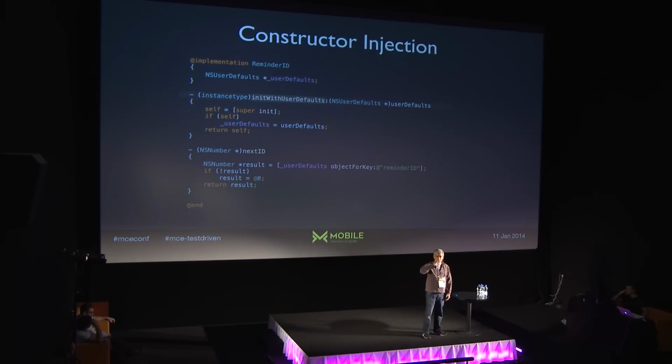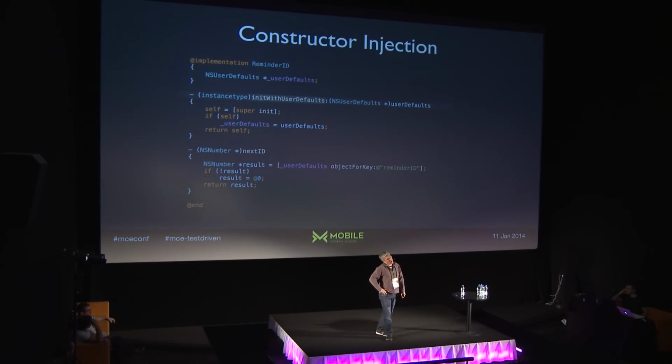So as you can see, all I've done is create an initializer, init with user defaults, and pass in the user defaults to use, and it saves that in the instance variable, or if you like in your internal property. It doesn't matter either way, and then it uses that instead.